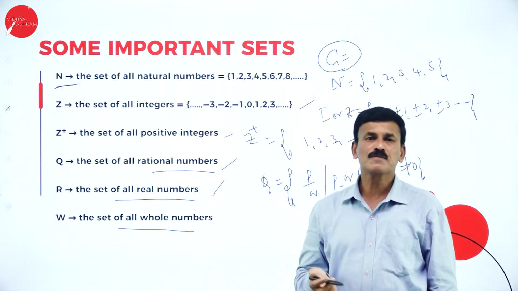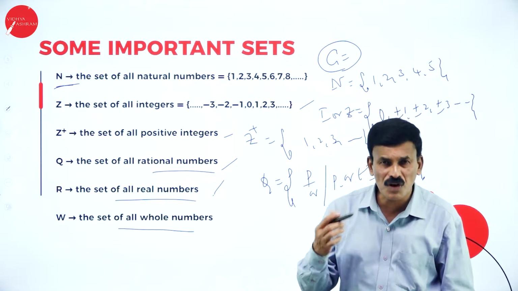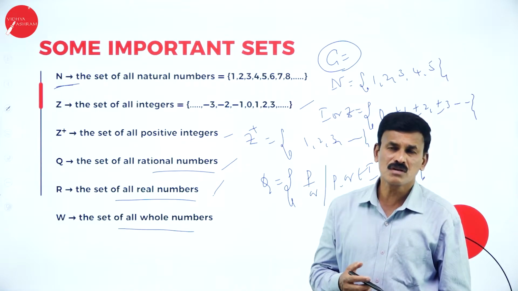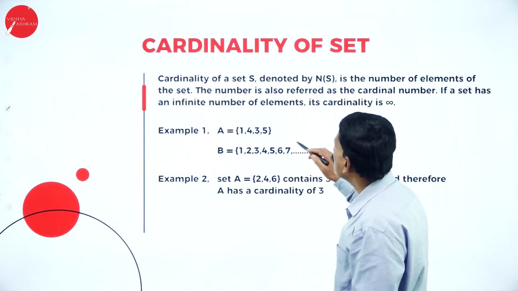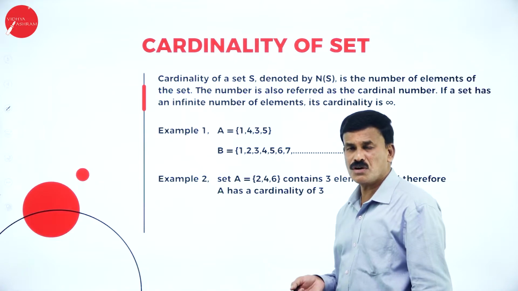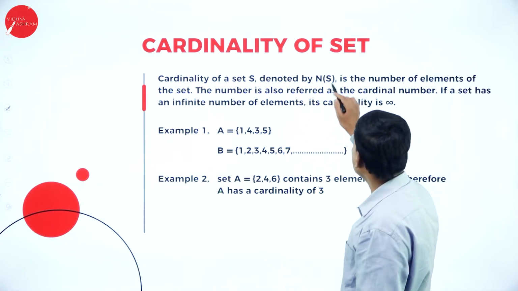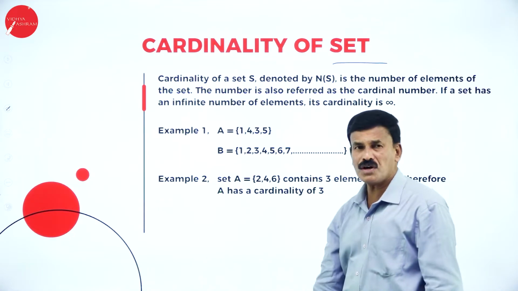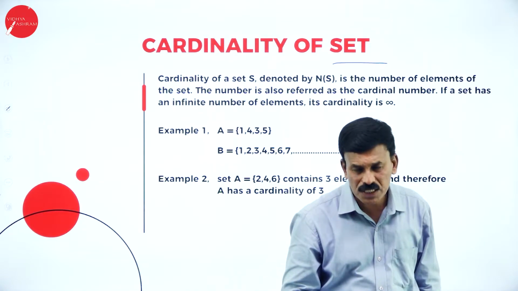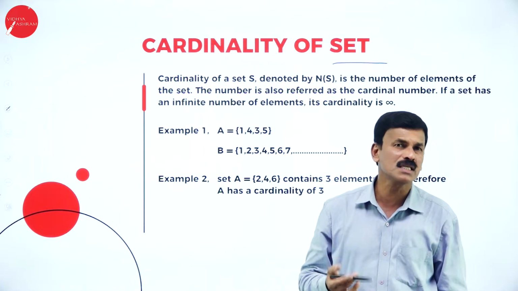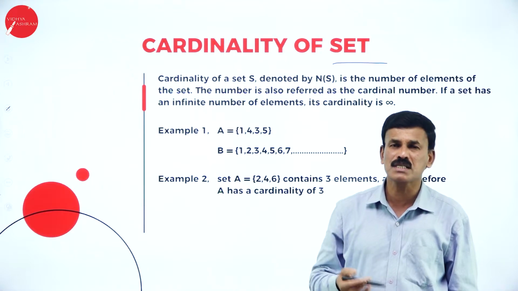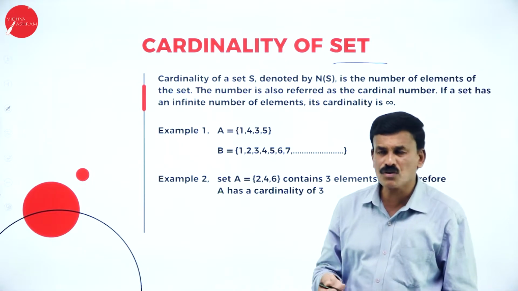Now, the question is how to form a set. Before that, let us know about the cardinality of a set. The cardinality of a set represents the number of elements present in that set. The number of elements present in the set gives the cardinality.